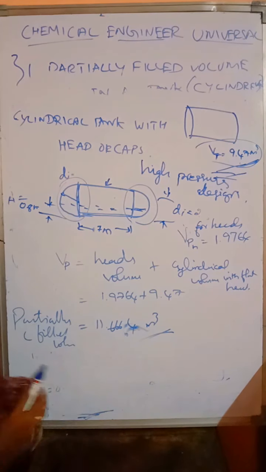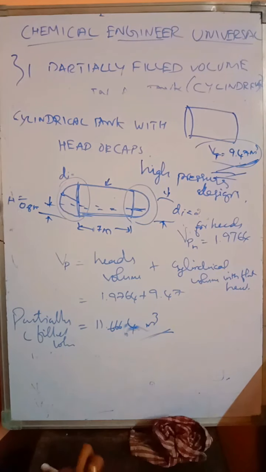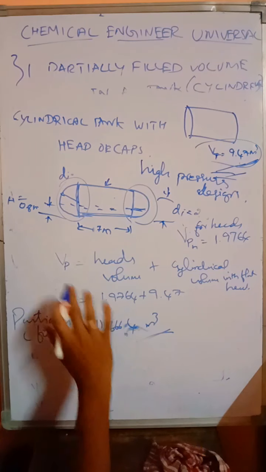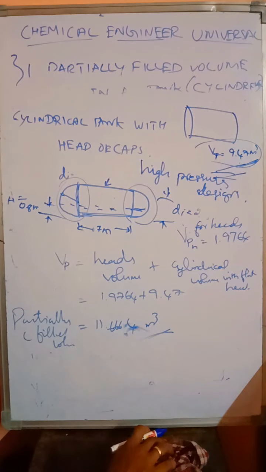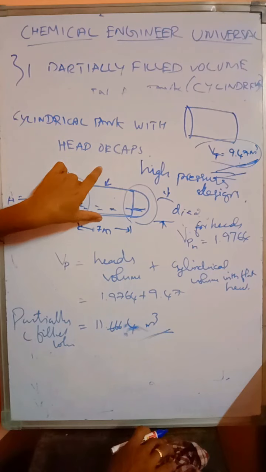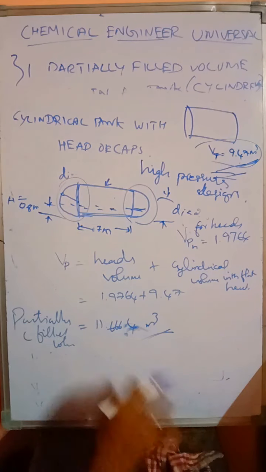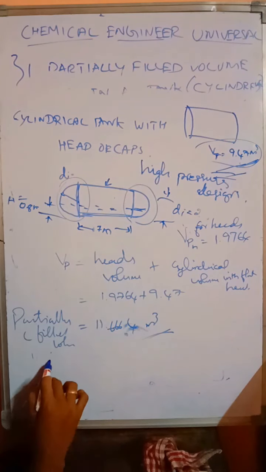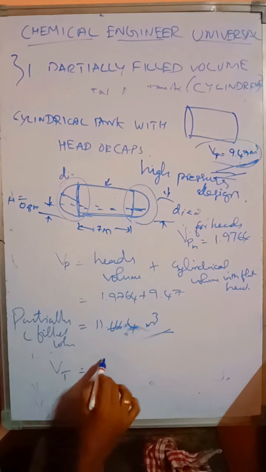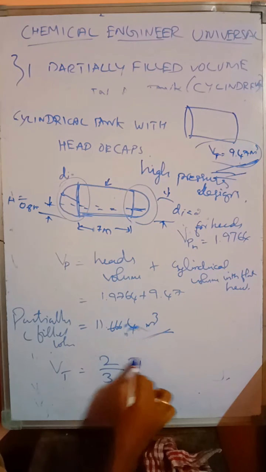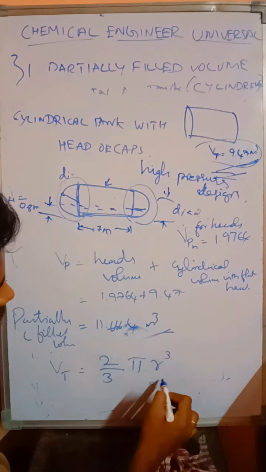Okay, and if you want to find out the percentage, how can you calculate it, you should also know the total volume. For that, to find the total volume for the hemispherical heads, use the general formula 2 by 3 pi r cube.